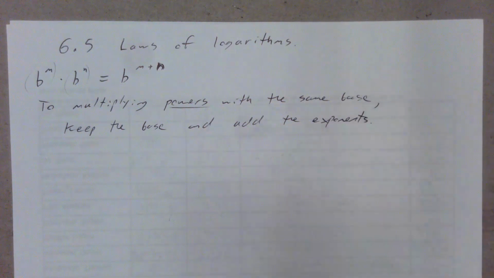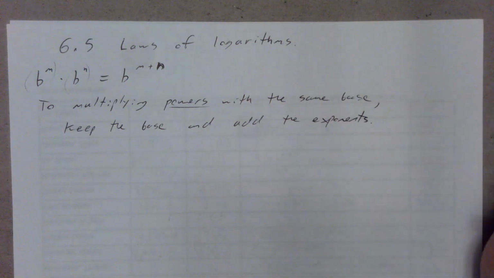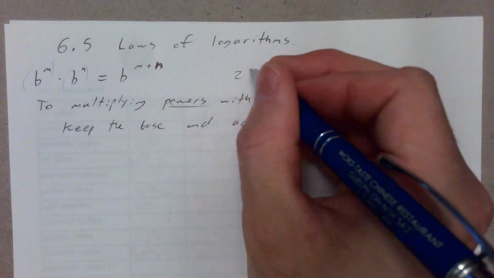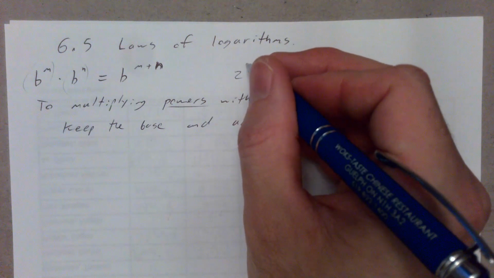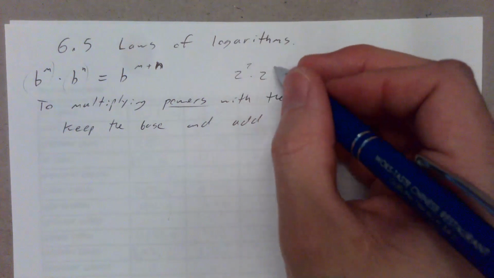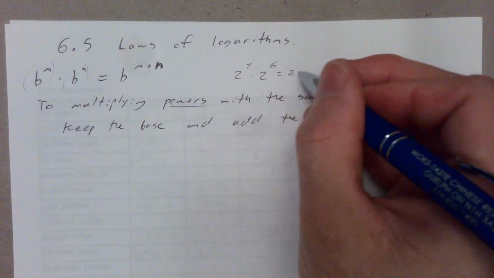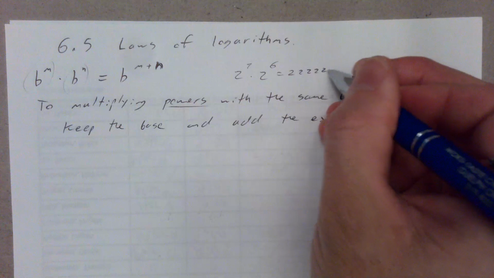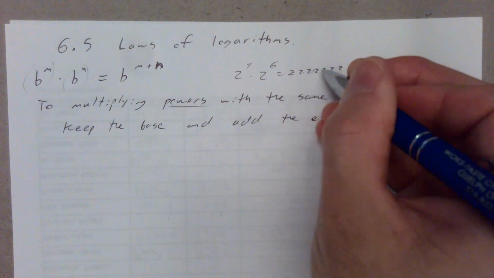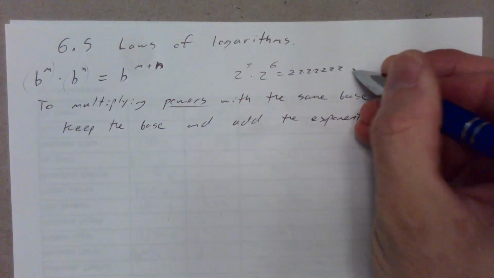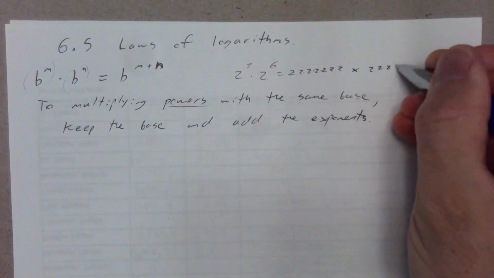And the nice thing about this rule, like most math rules, especially the ones that we've learned in our course, is that we could figure them out for ourselves. We don't need to memorize this. If I give you 2 to the exponent 7 times 2 to the exponent 6, I could write it out as 1, 2, 3, 4, 5, 6, 7 factors of 2 multiplied by 1, 2, 3, 4, 5, 6 factors of 2.